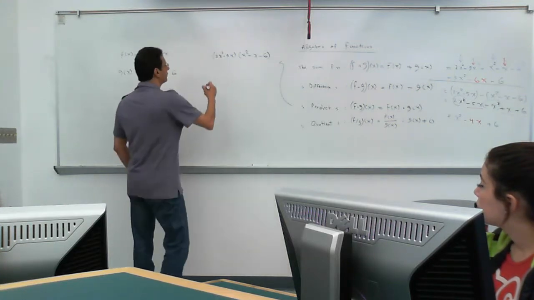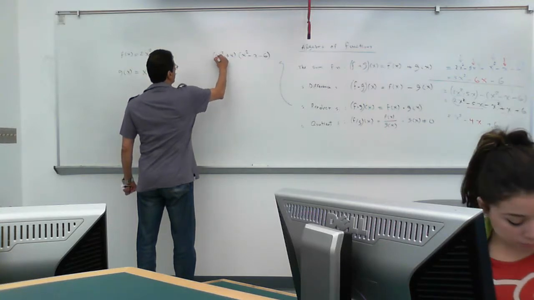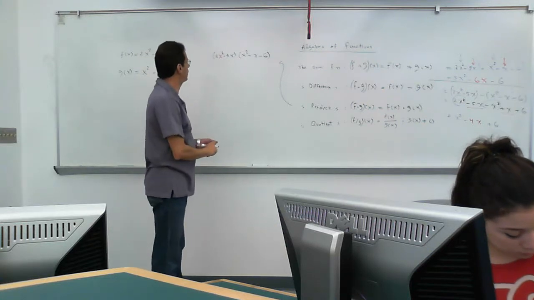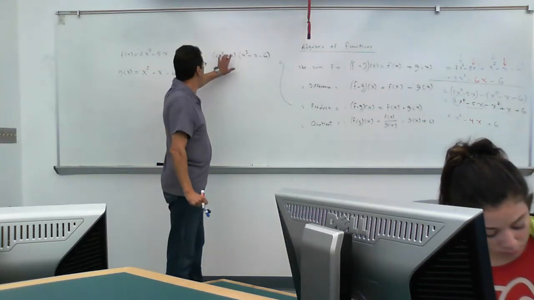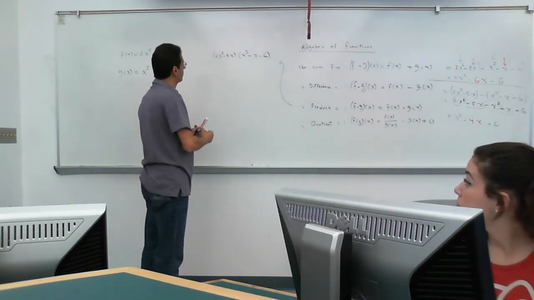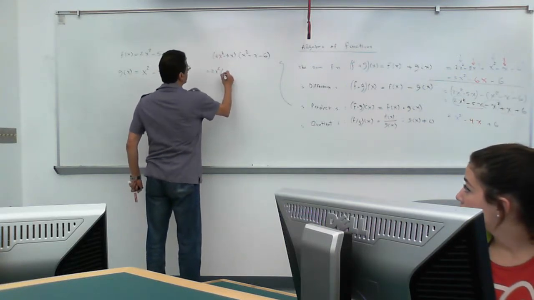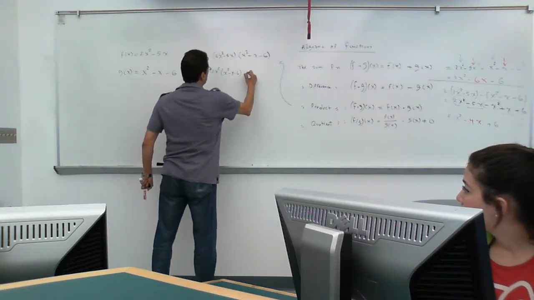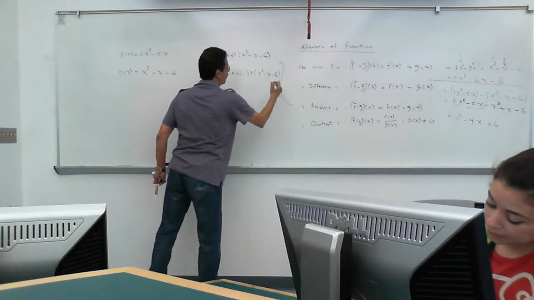I'm going to use a different color. Ignore the second term for now. When you're multiplying this, that means 2x squared times the parentheses, negative 5x times the parentheses. Is that right, everybody? Again, that's one way to look at it.